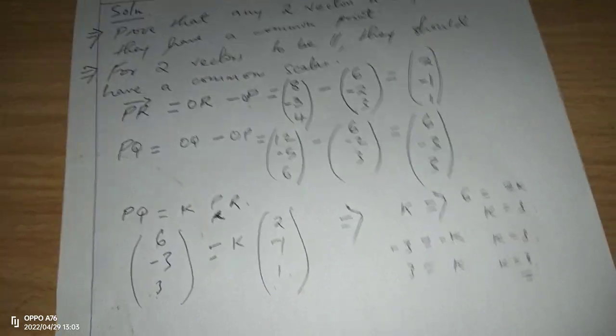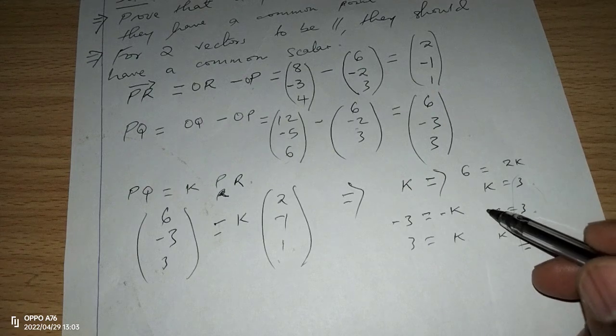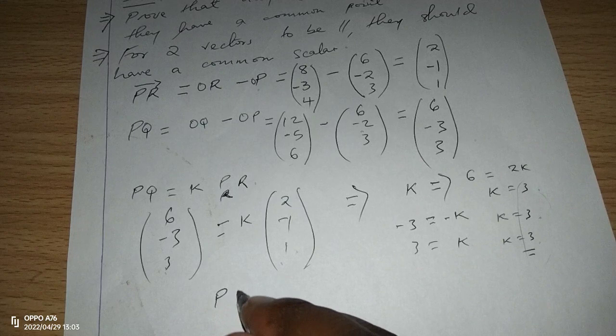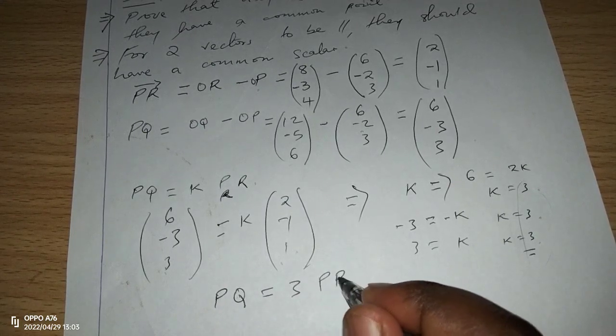So we have proven using all the 3 dimensions that the constant is 3. So this means vector PQ equals 3 multiplied by vector PR.